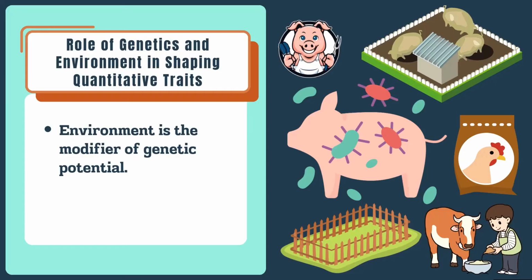Another example is climate and housing. Environmental conditions such as temperature, humidity, living space, and space allowance also affect how genes are expressed. So, if you do not provide proper housing, say for example, a heat-stressed cow might produce lesser milk yield, even if the gene for milk production is high.